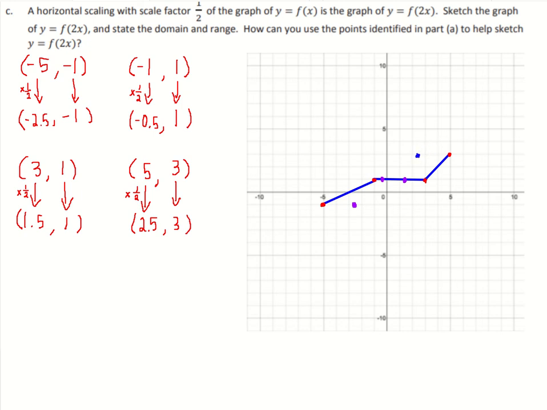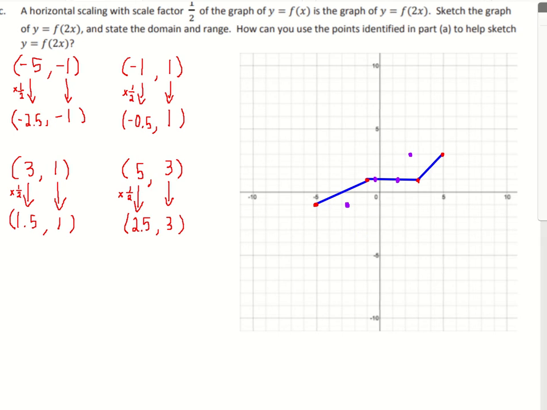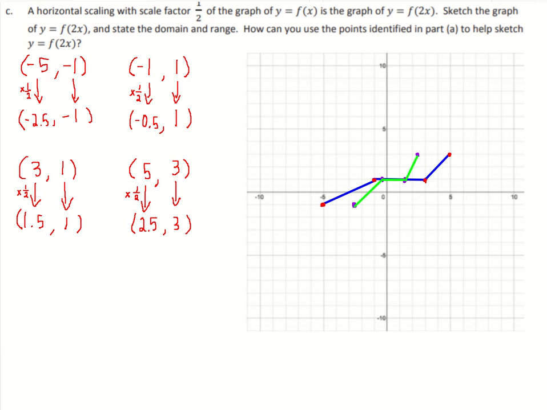It's supposed to be a purple dot. Now, just like before, I'm just going to connect my points. And there we go. That is my new graph.